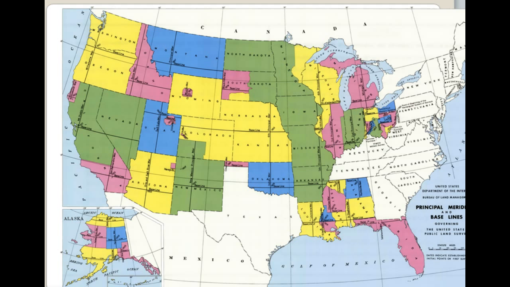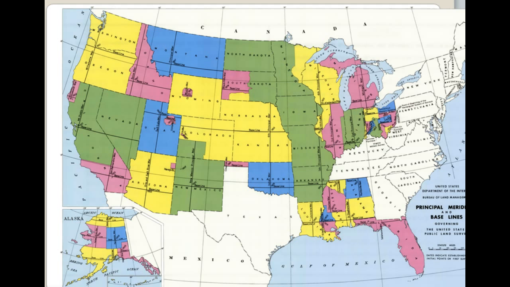So in Oregon and Washington, we have what's known as the Willamette Meridian, and the baseline runs right through Portland. And so in 1851, surveyors came and started here at the origin of this system and began developing a grid system of township, range, and sections to help identify land parcels.